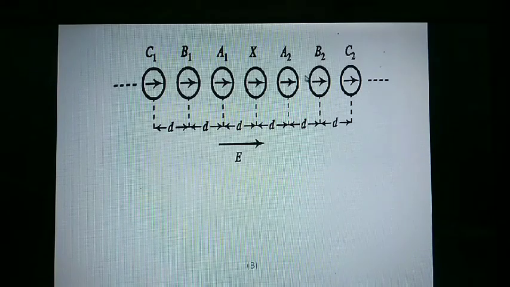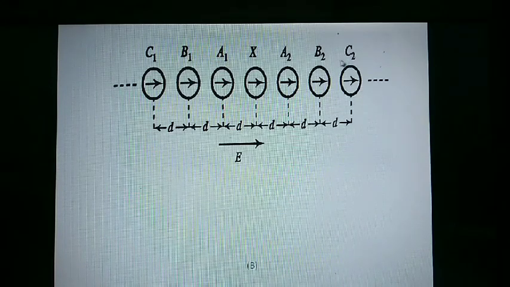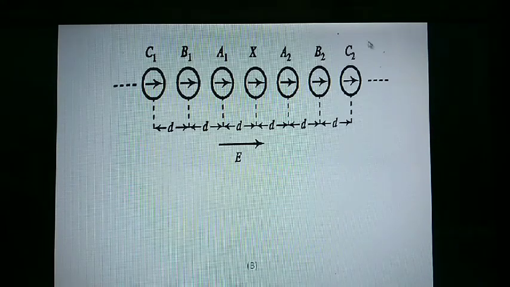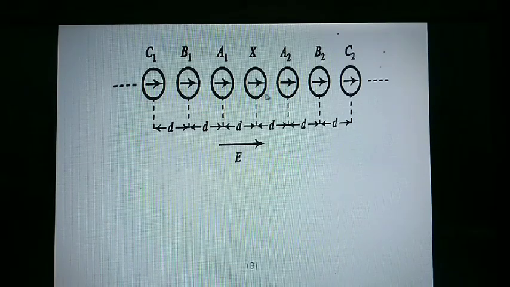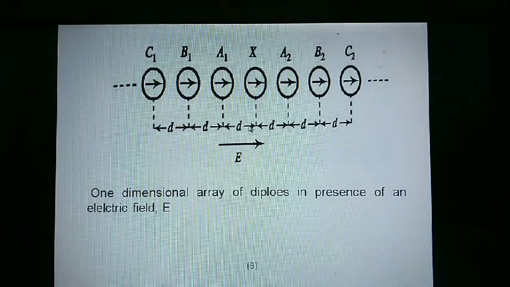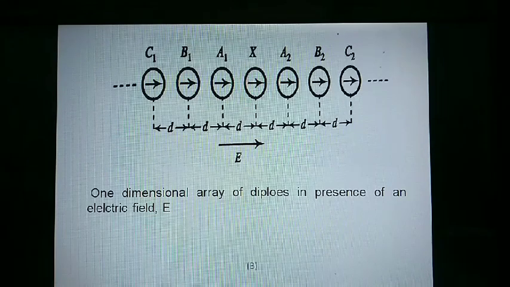On either side of it there are two dipoles, A1 and A2, and next to this position B2, C2 towards right and B1, C1 towards left. So for the mathematical simplicity we are taking one row on which the dipoles are arranged. Let us assume that the distance between the dipoles is constant, which is equal to the small letter d. That's why it is called one-dimensional array of dipoles in presence of an electric field E.